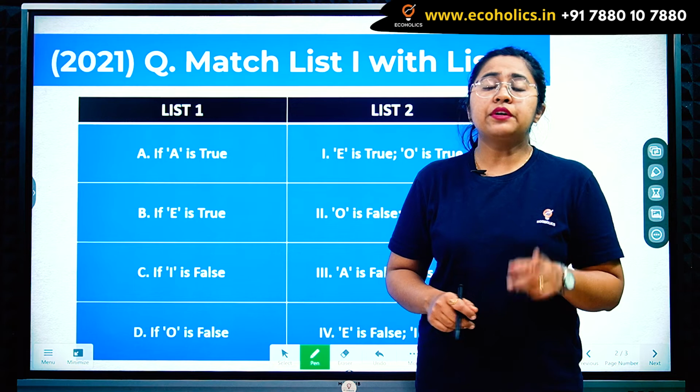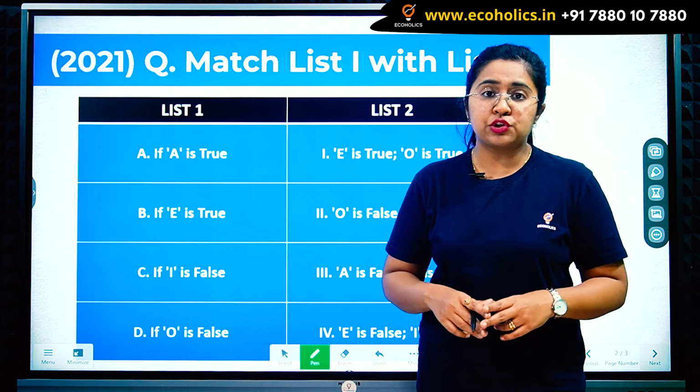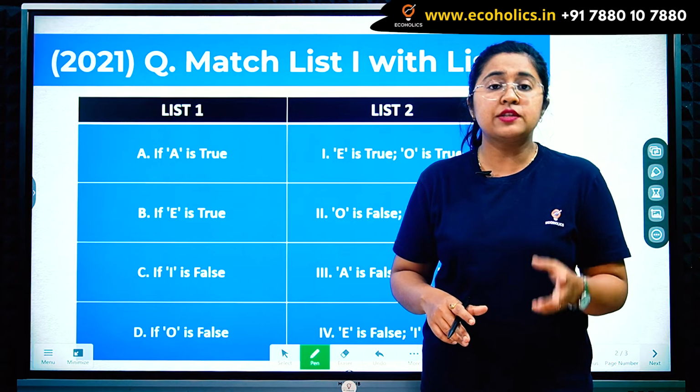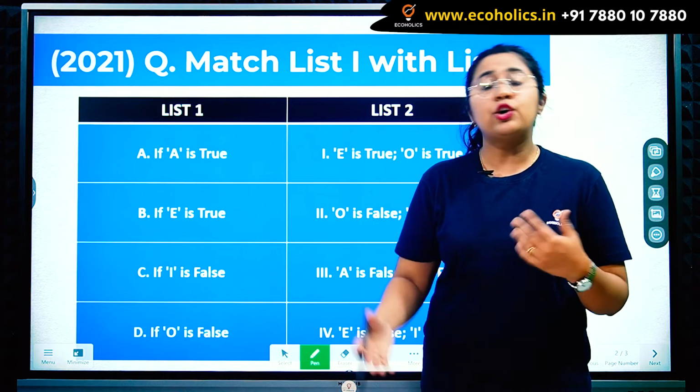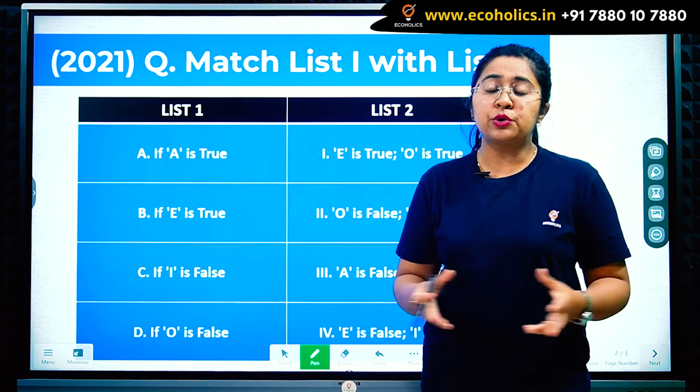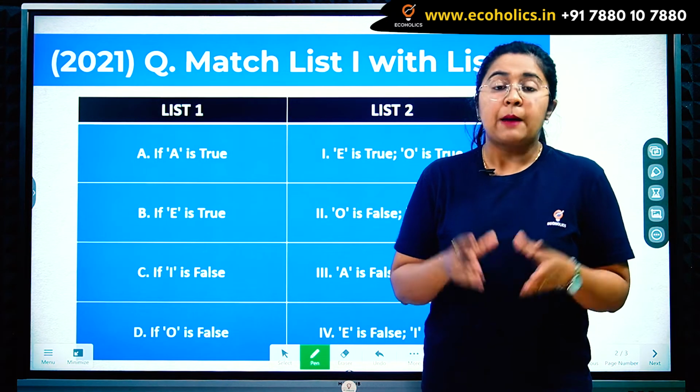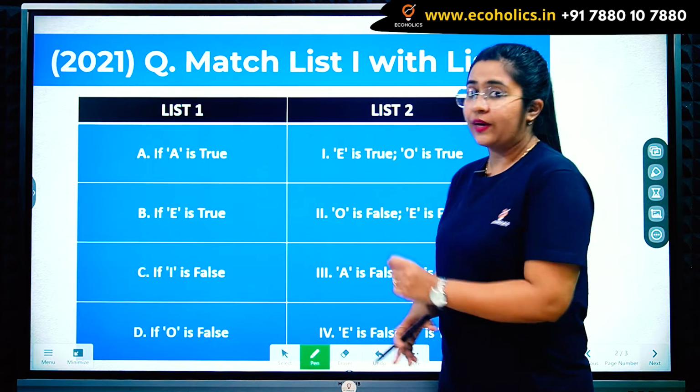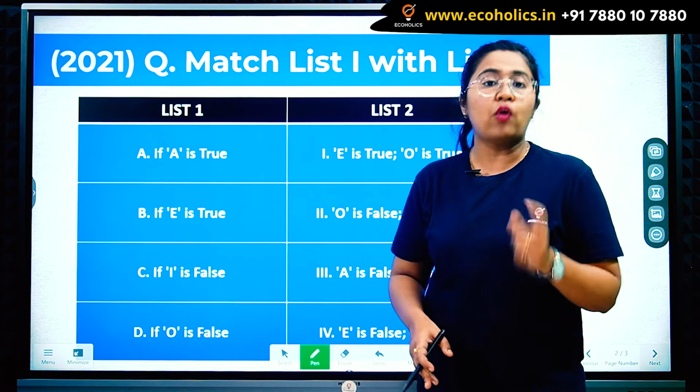One of our very important classes of square of opposition, or the classical square of oppositions, has already been mentioned and taught to you all on YouTube in our previous videos. But today I'm going to solve a question related to the classical square of opposition.